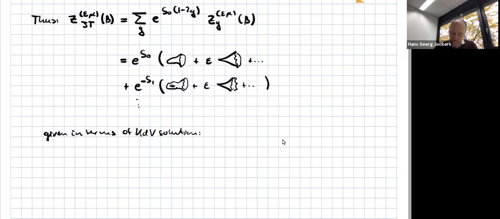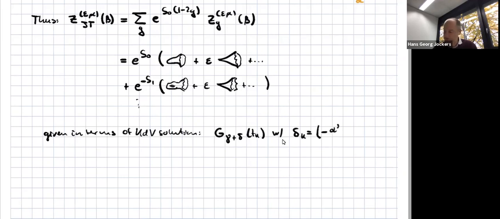In particular, the Kdv solution we should be looking at is a deformation of the JT gravity Kdv solution in the following fashion: there's an additional shift, delta K, which can be explicitly spelled out.